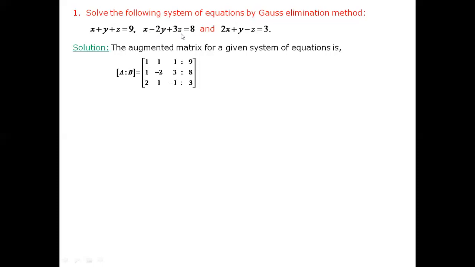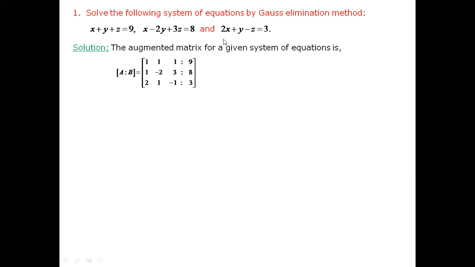The second equation represents the second row. The coefficients are 1, -2, 3, and the constant was 8. So it is 1, -2, 3, colon 8. The third equation gives the third row.